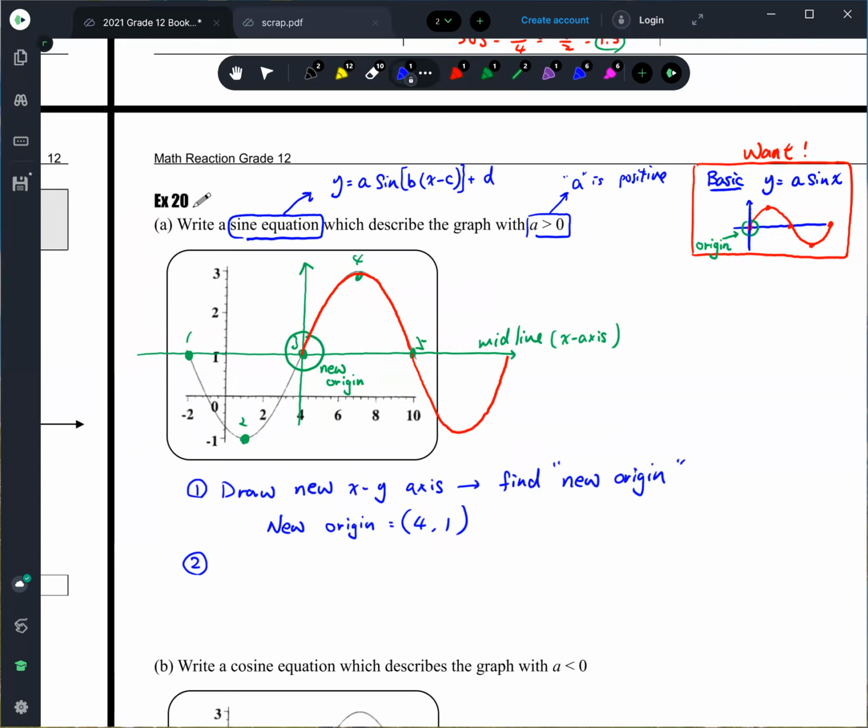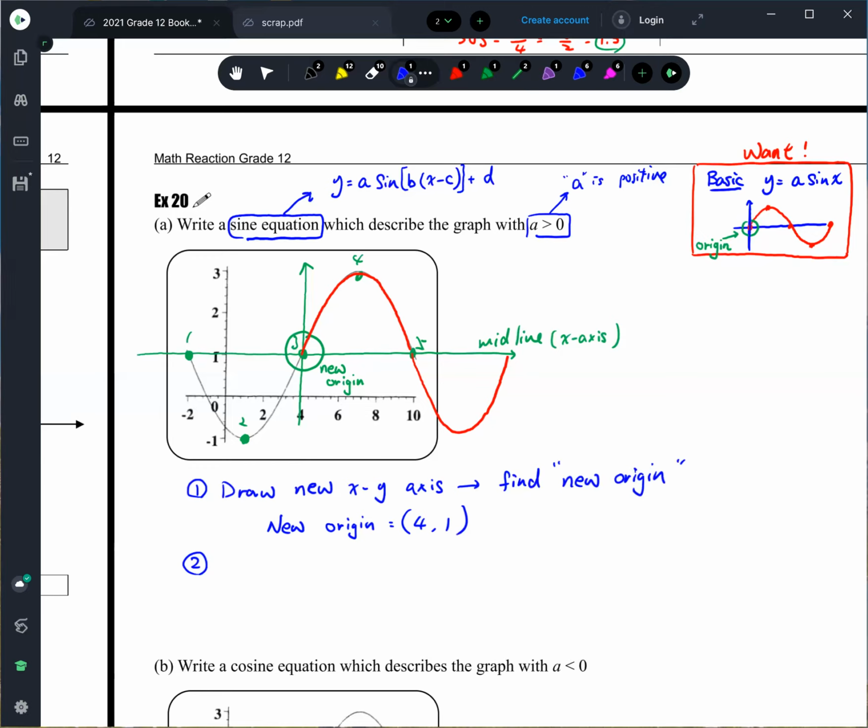Now step 2. This one is kind of like getting the table value, but in the table value, the most important point is the starting point or origin point. So you don't need to know all the other points precisely what they are. You just need to figure out where the first point is.